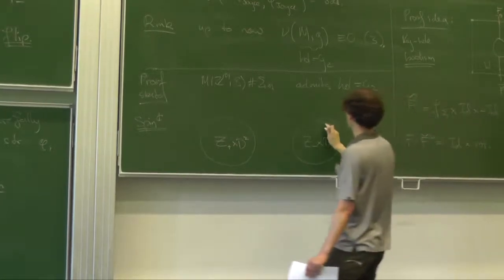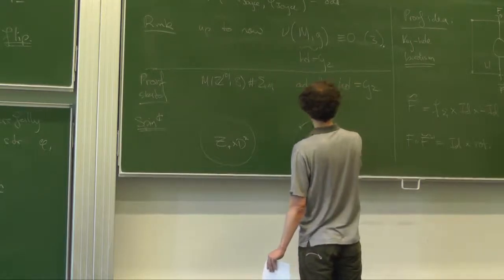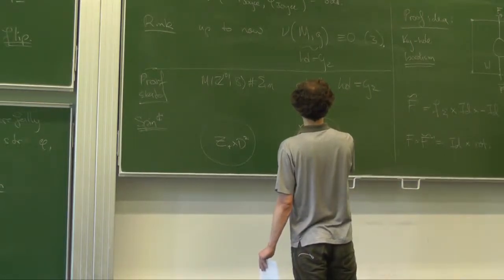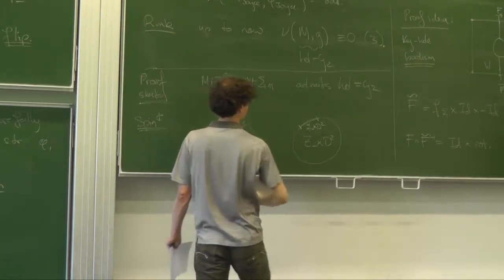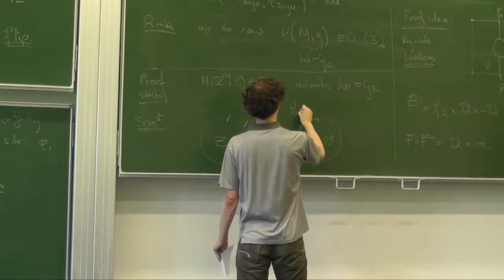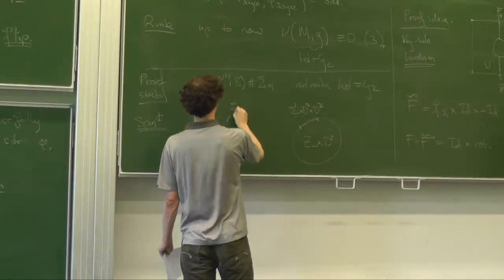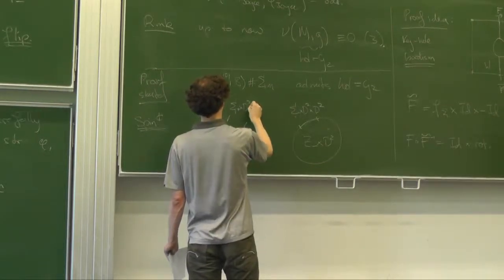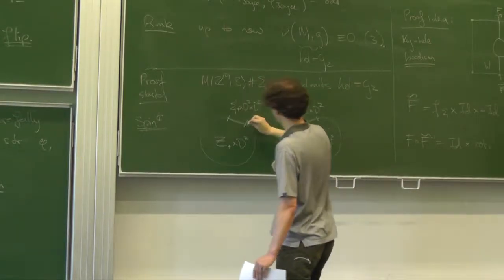So remember, on the boundary we have Z cross S1, and sitting inside of here we have the K3 surface. Remember the K3 cross D2 cross D2, right? And draw that like this. Okay, so that's sitting inside the boundary.